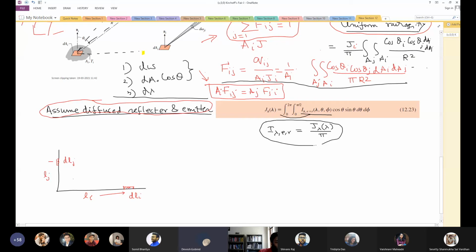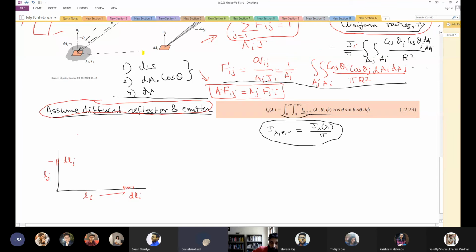We don't need to consider the dlj part because in the integration, I was saying we can calculate the angle between dli and Lj, and with that angle theta determine the answer.